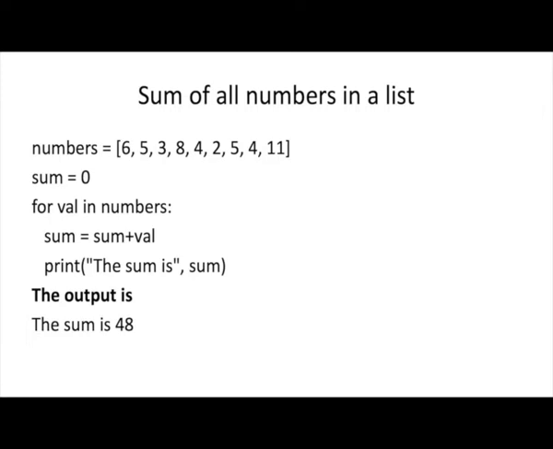For every number in this list, we do an iteration and add val to sum, which is initialized to 0. So, one by one the elements of the list numbers are added to sum and finally, the sum is printed. When you add all these numbers, you get the sum as 48.